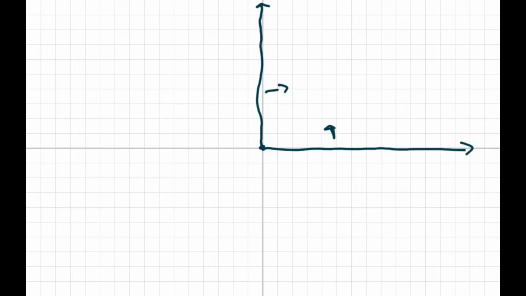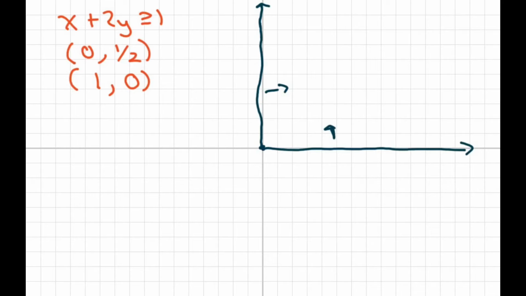Now the other two, we have x plus 2y is greater than or equal to 1. So when x is 0, y is going to be 1/2. And when y is 0, x is going to be 1. So I'm just going to graph that.